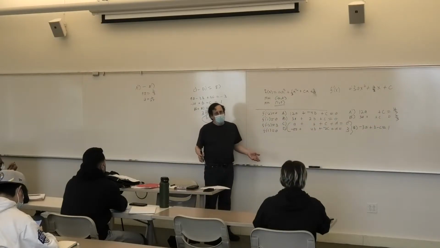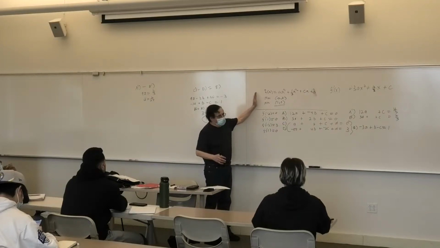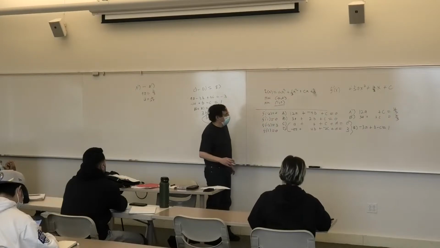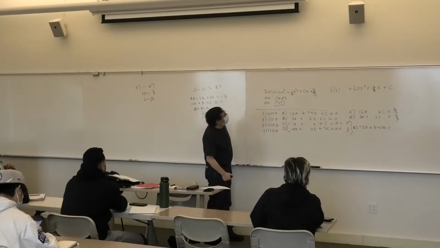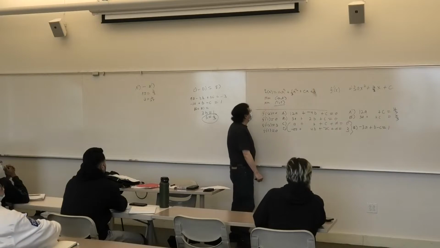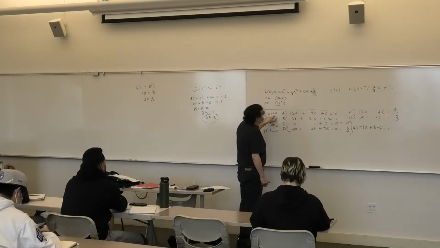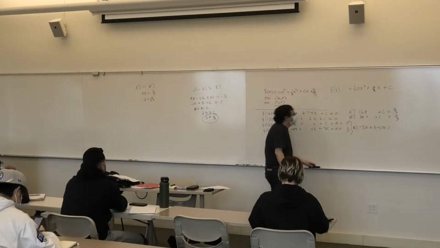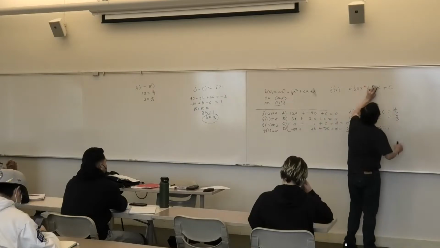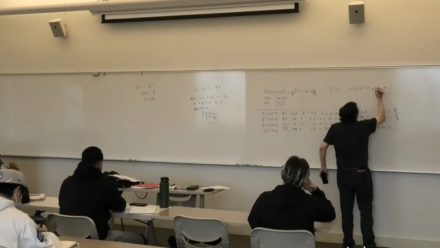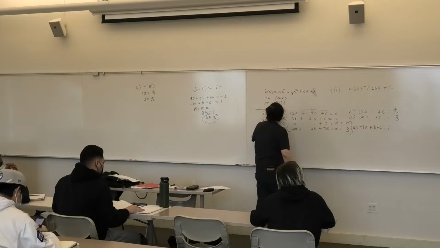These are long and tedious, and you have to work at them. You can always check your work by going back and plugging into the original equation and finding out you made a mistake. Let me work on this. So, derivative is 3ax squared plus 2bx plus c.